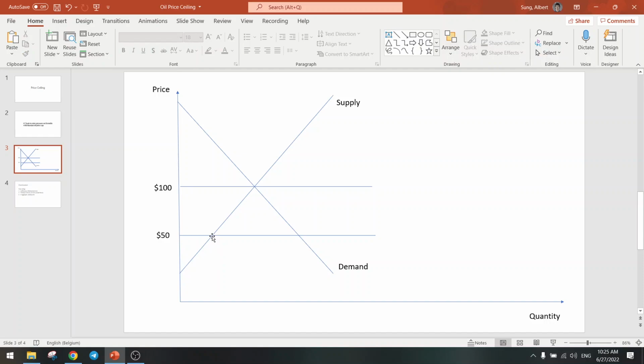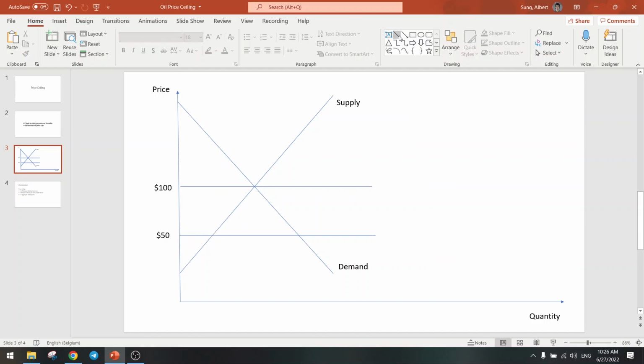So at this point, the consumer will say, okay, I will buy this oil at $50, but less quantity. It's okay for me. It's still better than the $100. And from the perspective of the supplier, this is also okay because they can produce this amount of quantity for $50.